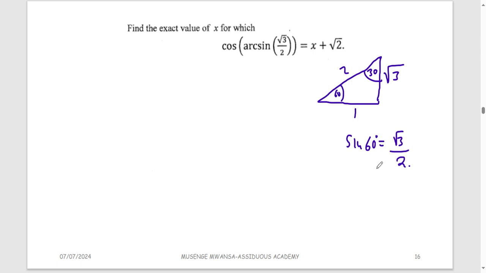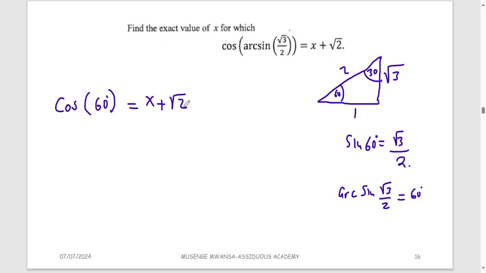So if we find the sine inverse of root 3 over 2, or arc sine of root 3 over 2, it is going to give us 60 degrees. So therefore, where there is arc sine root 3 over 2 inside the cos, we are going to put 60 degrees there. And that should be equal to x plus square root of 2. But cos 60, come back here.